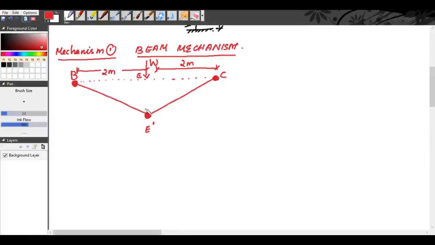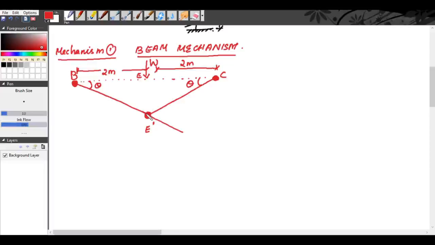Now first of all we will take this angle as theta. This angle also will be equal to theta because the concentrated load is acting at the mid of the span.